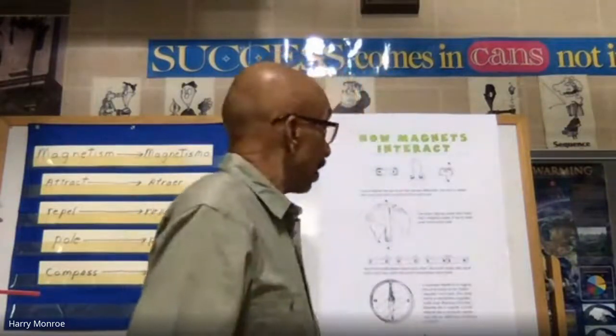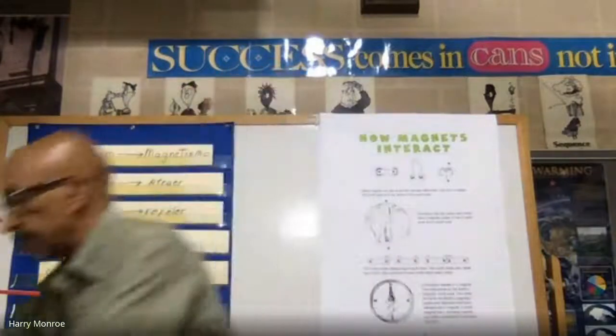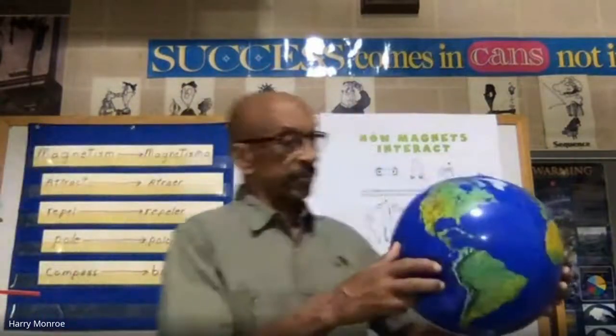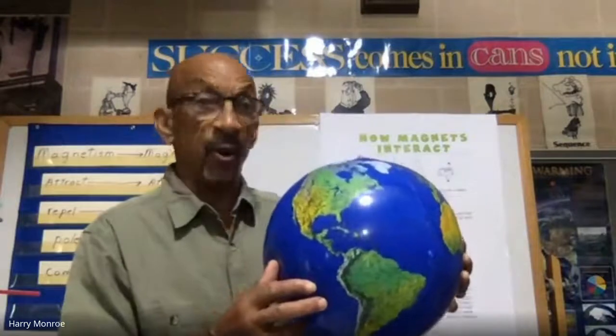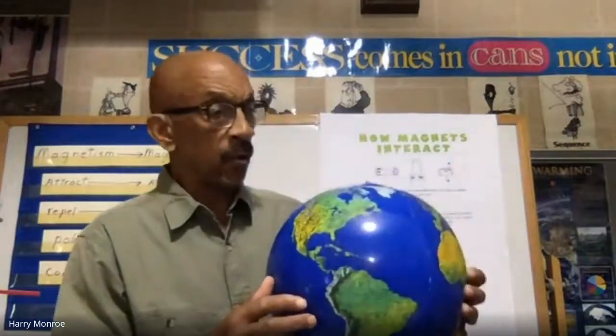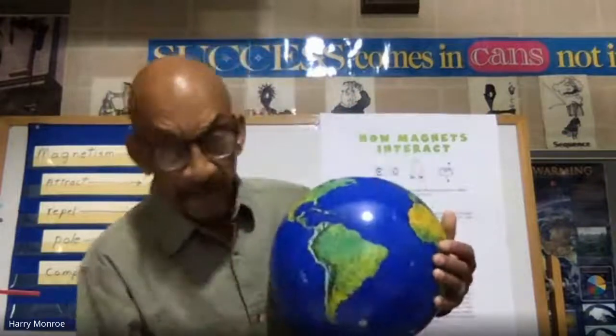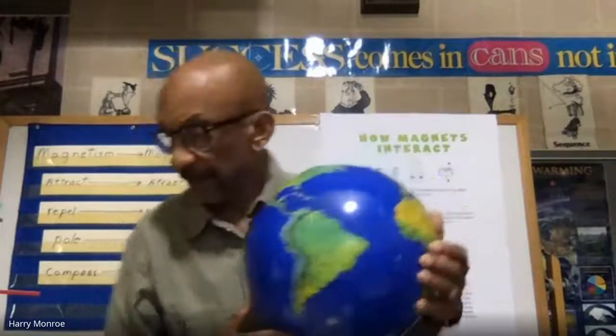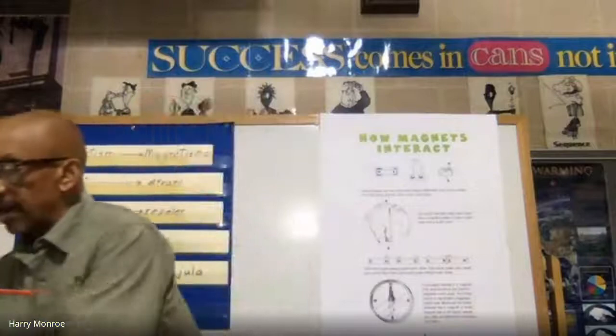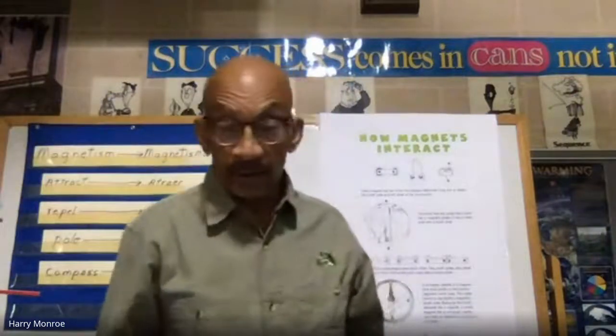Now, I know you have heard about the North and South Pole somewhere before, haven't you? Well, guess what? The planet Earth has a north and south pole. The North Pole is located at the top of our planet. The South Pole is at the bottom. So basically, the planet Earth is just a great big magnet. It has a force field, just like these magnets have.